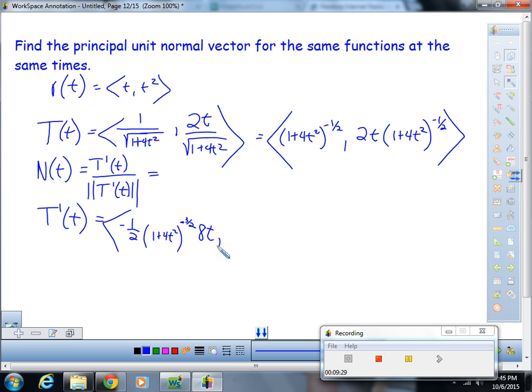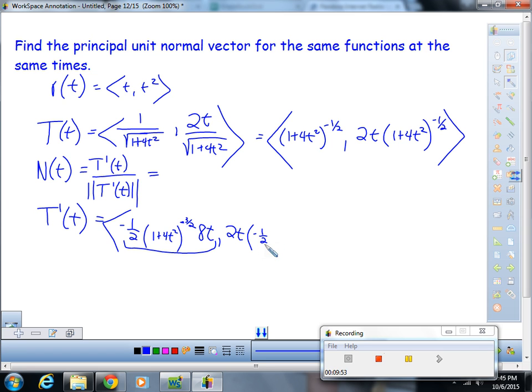Okay? The derivative of the j. So, it's first 2t times the derivative of the second. Well, luckily, I think the derivative of the second is this, isn't it? So I'll just recopy that exactly how it is.